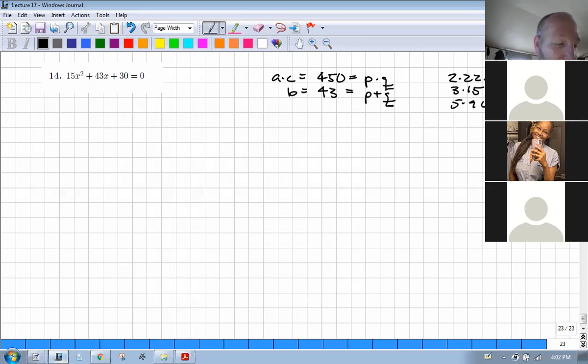It's getting closer. 450 divided by 6. That's still not there. Divide by 7 or 8 or 9. This is 9 times 50. Those add to be 59, so we're getting closer. 10 times 45.